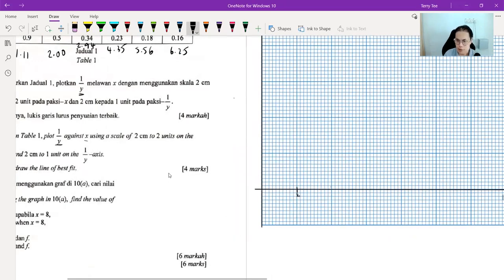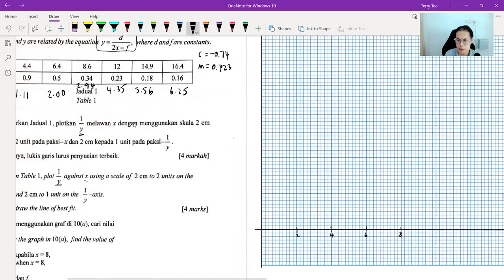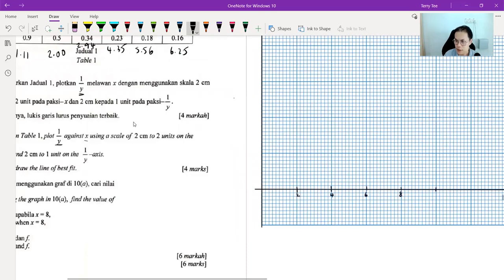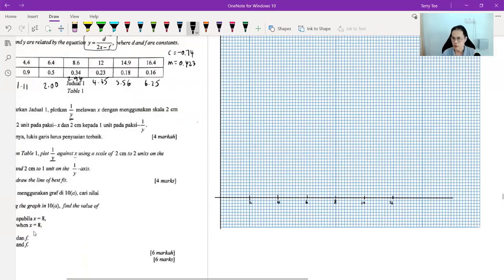Okay, this is 4, 6, 8. My largest value of x is 16. This is 10, 12. Okay, let's see where I can go all the way. 14, 16. Okay, I think it's enough here. This is your x value.